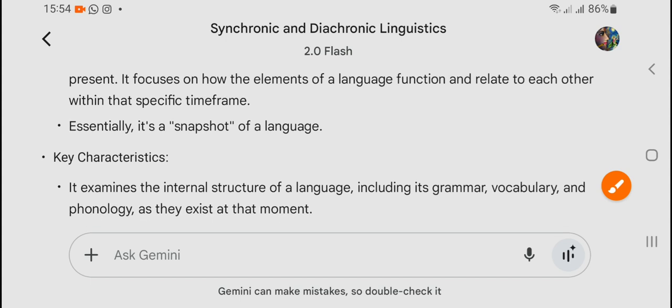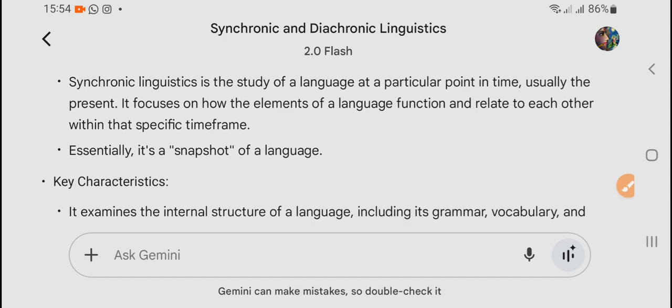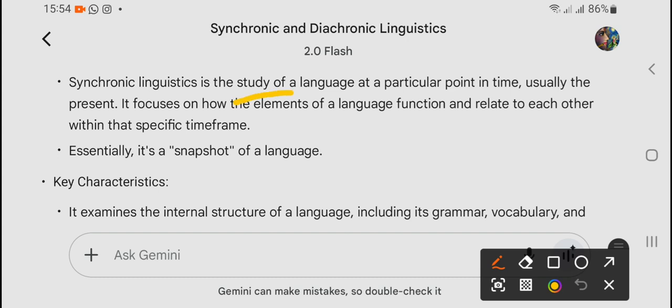Usually this is the present: how the language, English, Hindi, German, Russian, French, whatever, is being used in 2024, 25, 26, meaning the current time. This approach to the study of language is called synchronic linguistics.